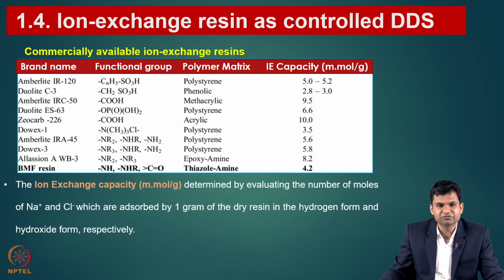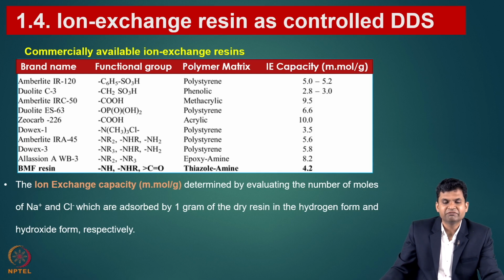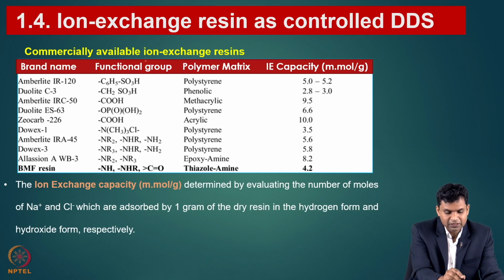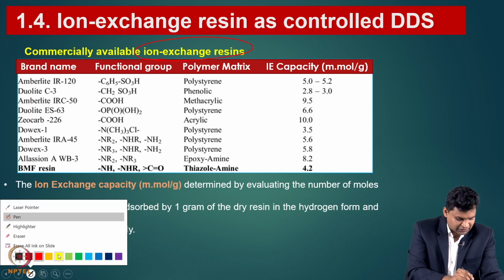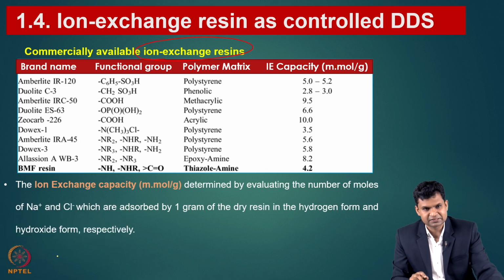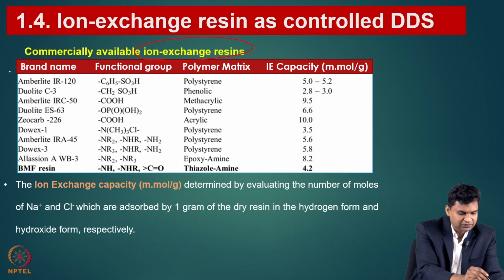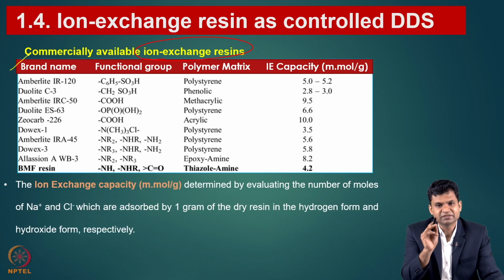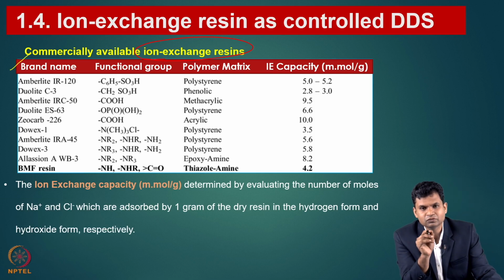These are a few examples of commercially available ion exchange resins. Here we are going to discuss only resins. You can see the brand names, and this will definitely help if you would like to work on ion exchange resins.